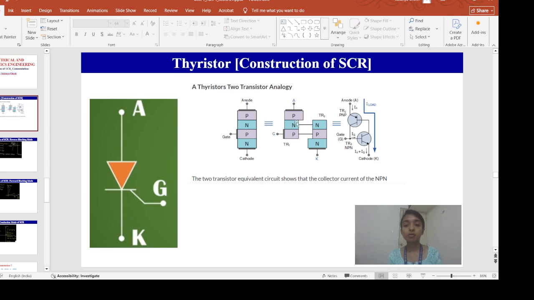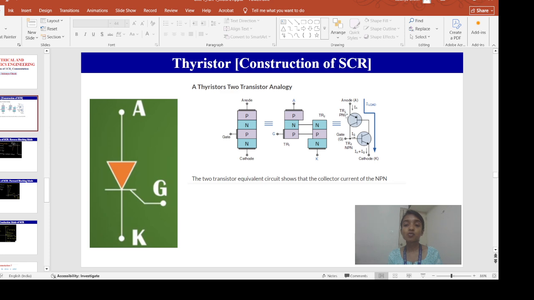For this PNP transistor, the top P layer is connected to the anode terminal, and the N layers of the PNP and NPN transistors are connected together, and the P layers of the PNP and NPN are connected together, and from the bottom N layer we take the cathode. From the joined P layer we take the gate terminal. So we can visualize this structure in this manner.